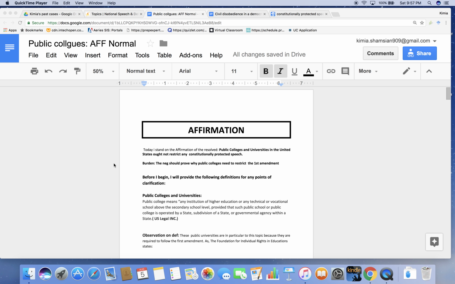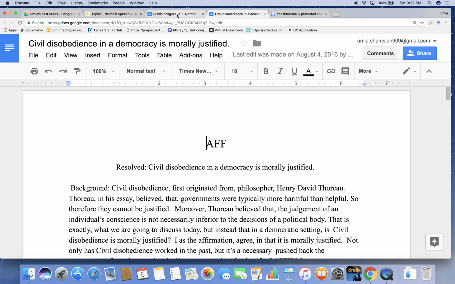And this is basically just formatting. We will talk about what a bad LD case looks like versus a good one in terms of structure. But in terms of what a bad and a good LD case looks like, these two are my references.